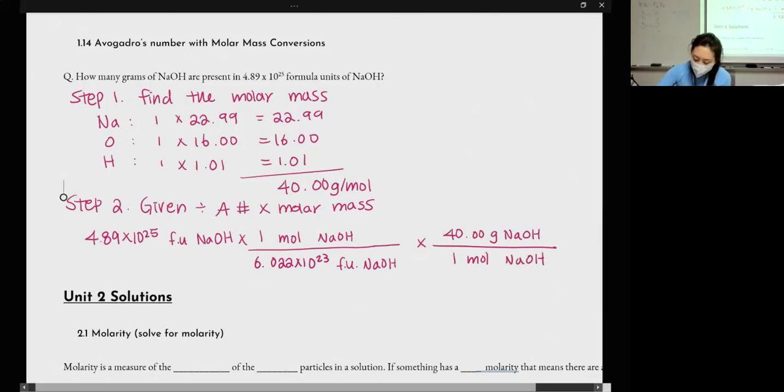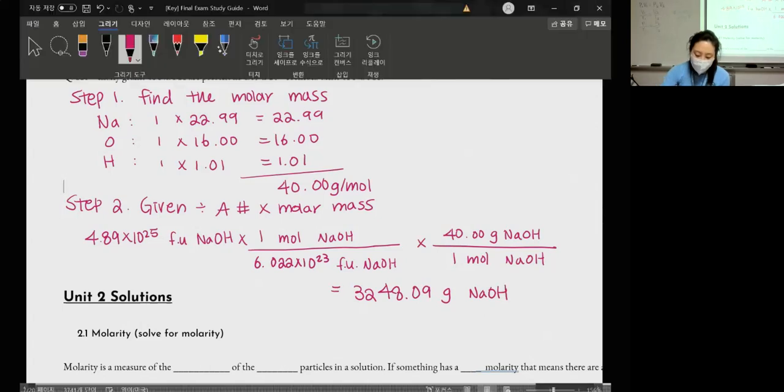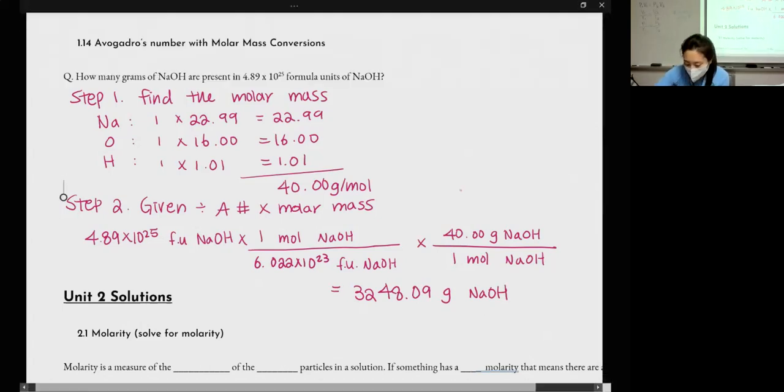And that will give you the answer. I am getting 3,248.09 grams of NaOH. And that's the answer.